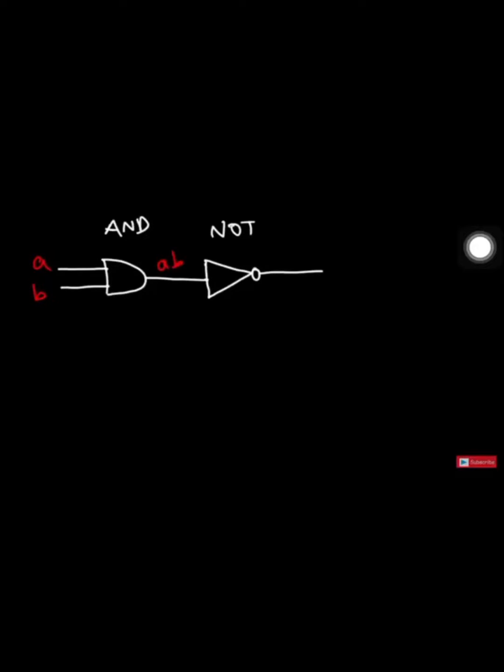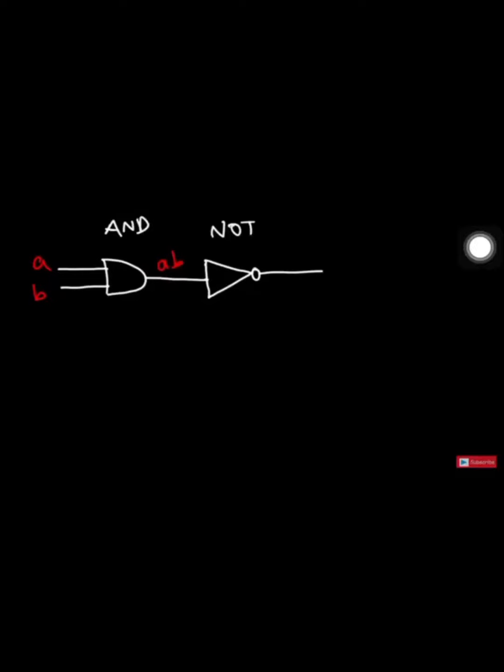Now, we could use an AND gate and a NOT gate to construct a NAND gate. So here is the AND gate, and let's put a NOT gate next to it. So let's say this is input A, input B. The output of an AND gate is AB, and a NOT gate takes the input and gives you the complement of that.